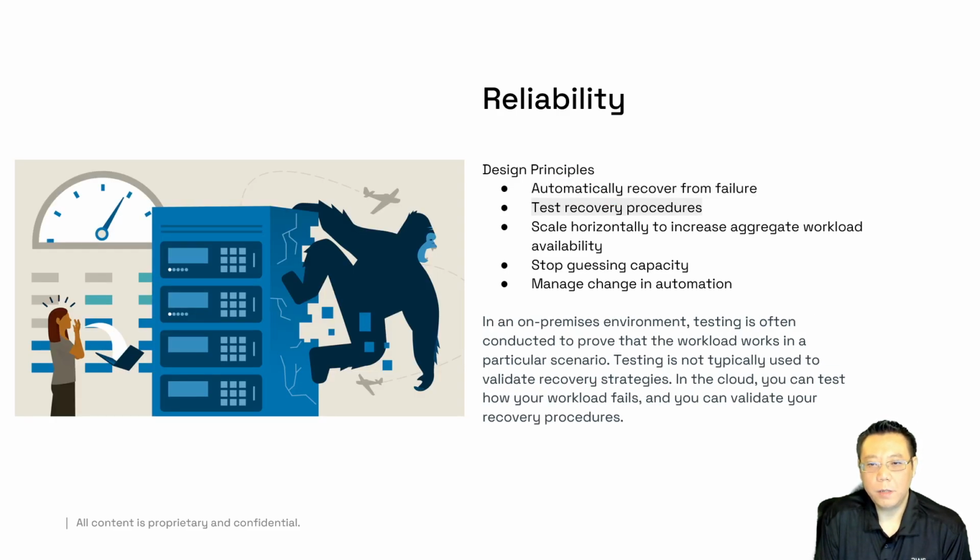The next one is testing recovery procedures. It's not enough to have potentially automated failover, you want to make sure that you test it. Here's a favorite picture of Kong doing some chaos inside a data center server. We can actually call that chaos engineering. Funny enough, Netflix, which is one of AWS's customers, in 2010 made chaos engineering really popular by releasing their white papers and tool sets to help others understand that you can cause complete chaos inside your data center.